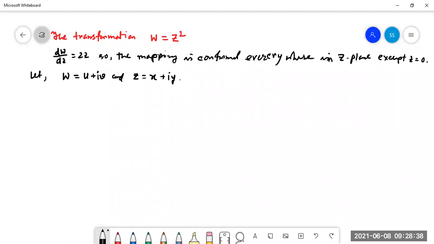Okay, now put the value. W equal to Z square. That means U plus IV is equal to (X plus IY) whole square, or U plus IV is equal to X square minus Y square plus 2IXY.